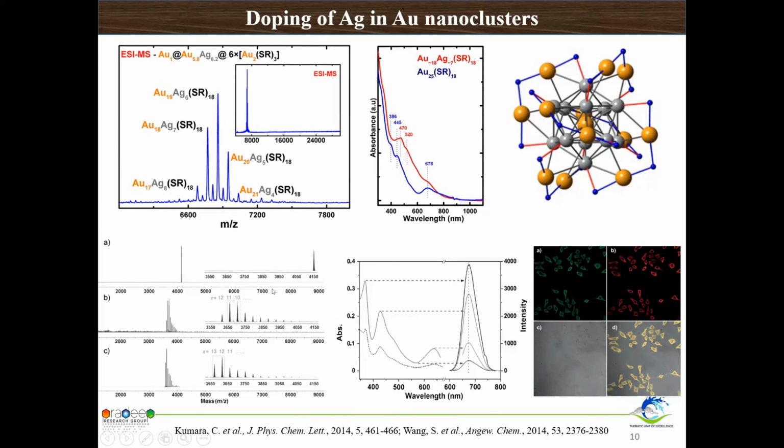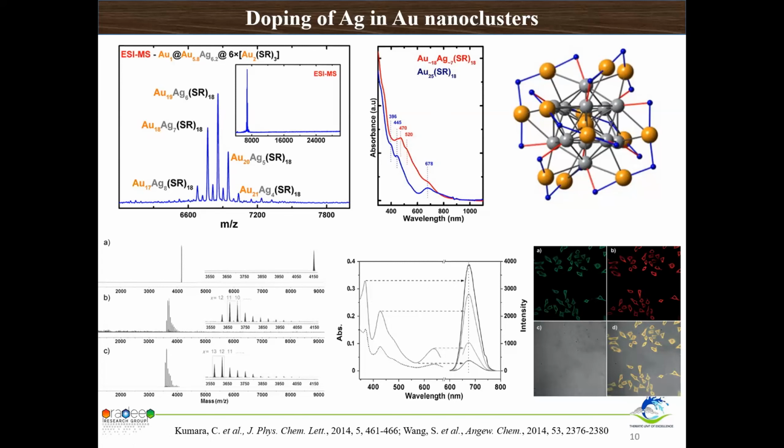Another 25-atom gold-silver alloy nanocluster co-protected by thiol and phosphine ligands was synthesized by the ligand exchange method. Here, doping of a maximum of 12 silver atoms was observed.